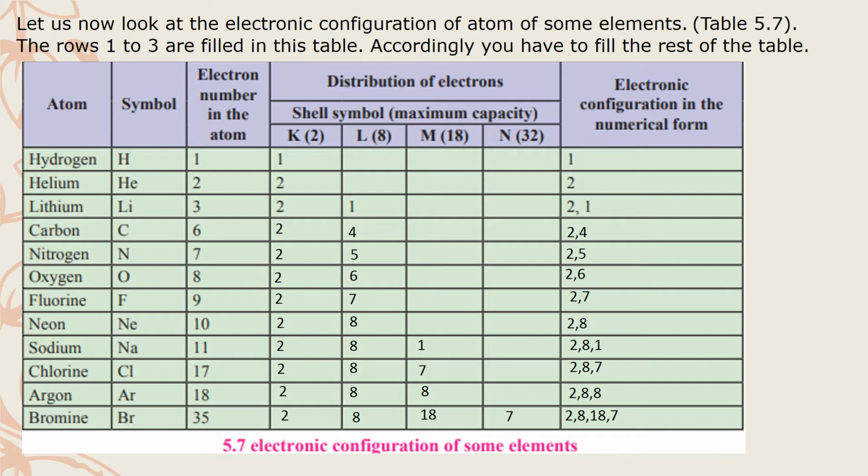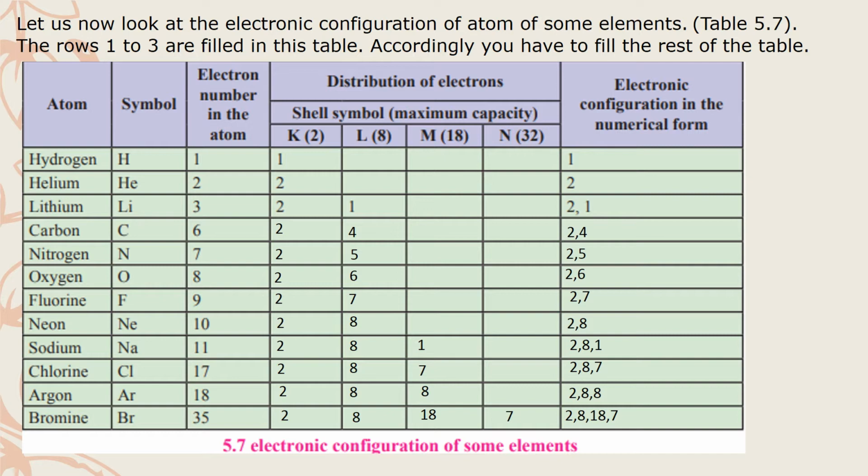Now the next atom is sodium. Symbol for sodium is capital N, small a. Electron number in the atom is 11. Distribution of electrons: in the K shell 2 electrons, in the L shell 8 electrons and in the M shell 1 electron. So electronic configuration will be 2, 8, 1. Now the next atom is chlorine.